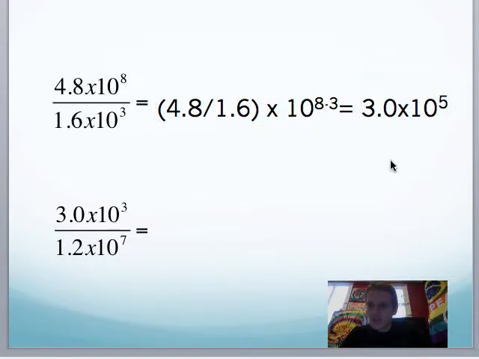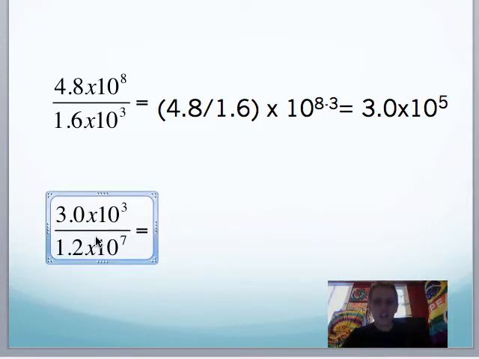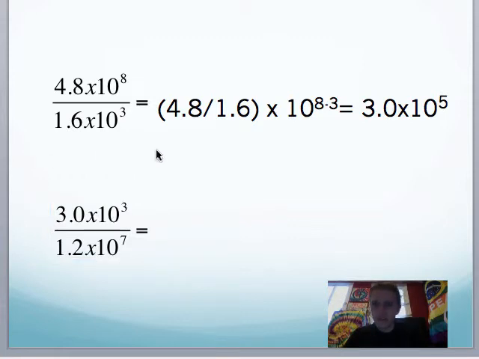So our answer is 3.0 times 10 to the 5th power. What we did, we divided the coefficients and we subtracted the exponents. This next one, you might want to try on your own, see what you get, and then pause this video while you're doing that. When you start it back up, we'll go over it together.